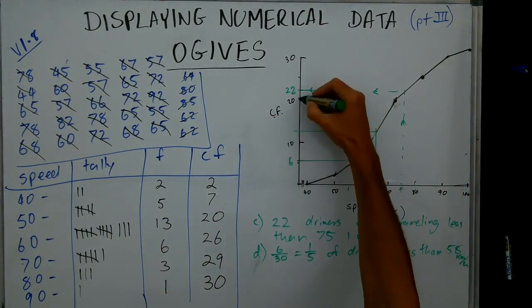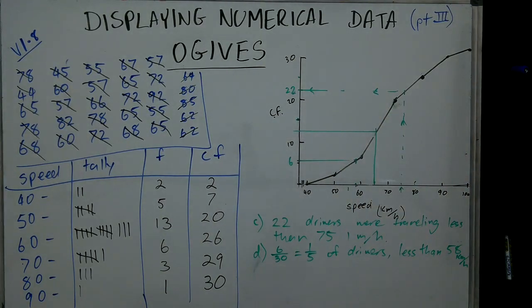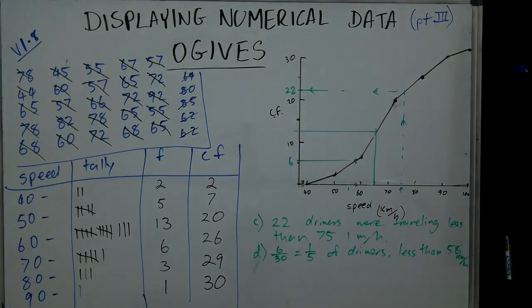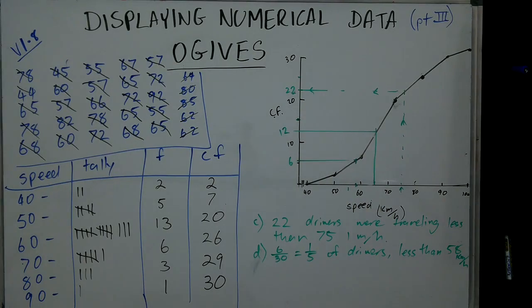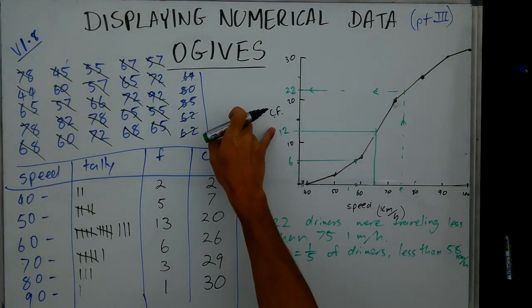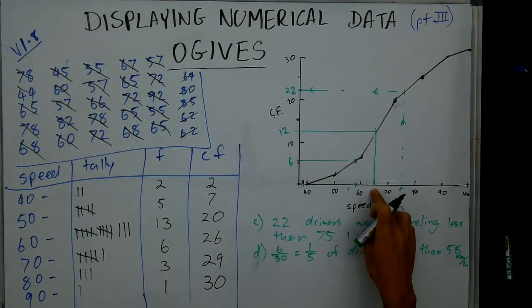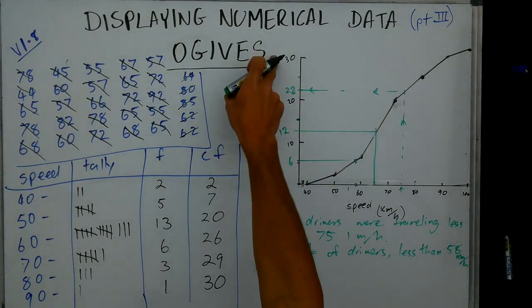So 10, 20, 15 is about there in the middle. Do we call that 12 or 13? Let's go 12. How many of the vehicles were travelling at a speed of more than 65? So we've got 12 vehicles were travelling at a speed less than 65. So that means all the others out of the 30 were travelling greater.